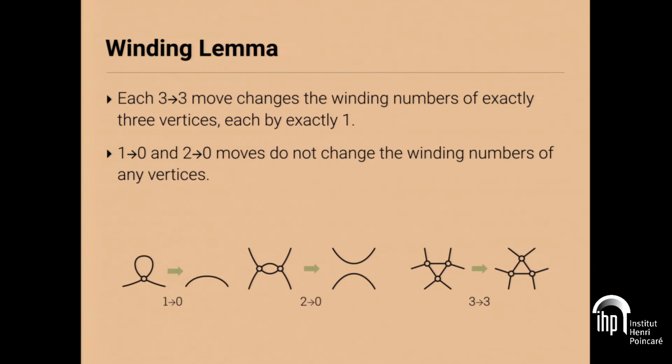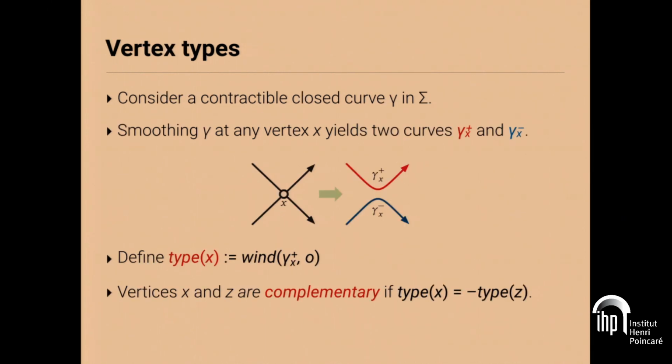Now I'm going to define a second number for every vertex, and as far as I know, this is new. So let me do the Gauss smoothing at a vertex, splitting the curve into 2 subcurves. And I'll define the type of a vertex as the winding number of the subcurve on the left around the puncture. Right, so instead of how the curve winds around the vertex, I'm going to take a subcurve and look at how it winds around the puncture.